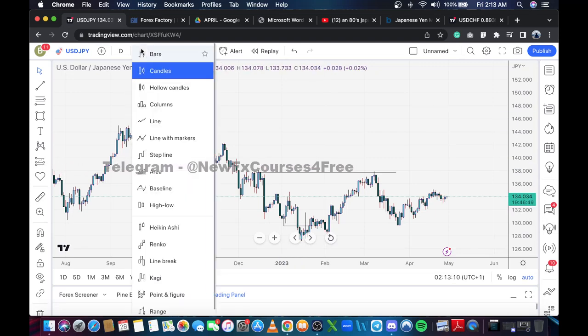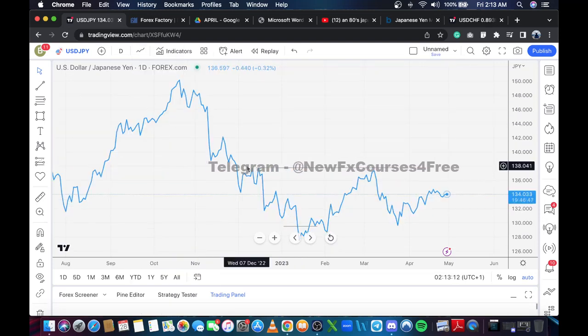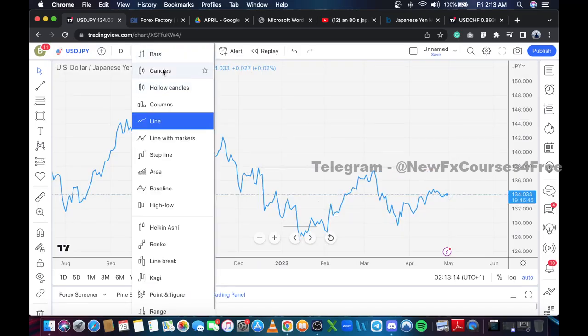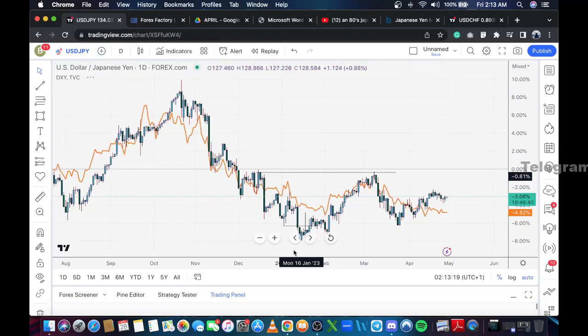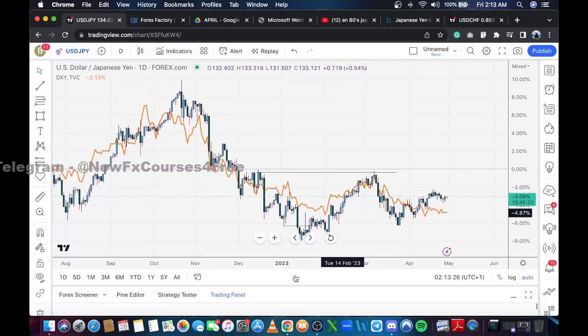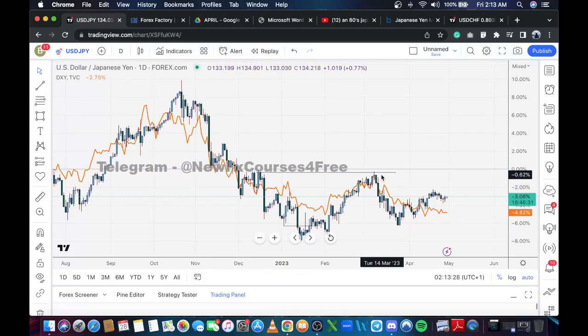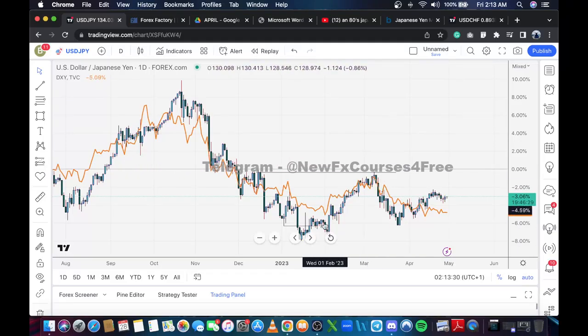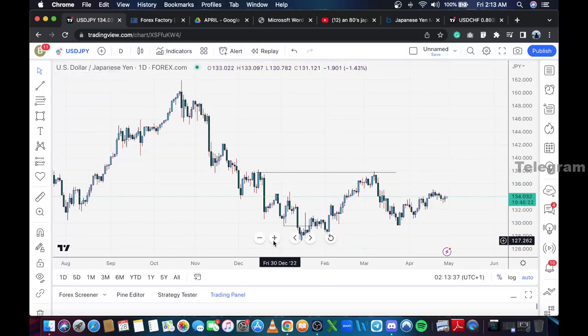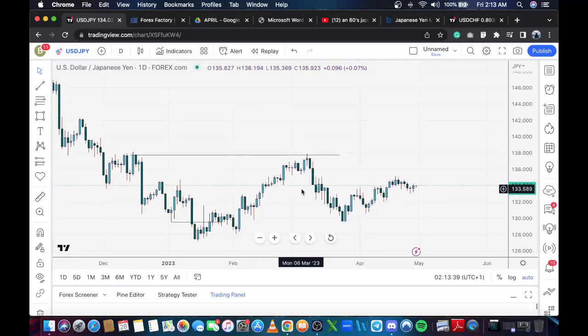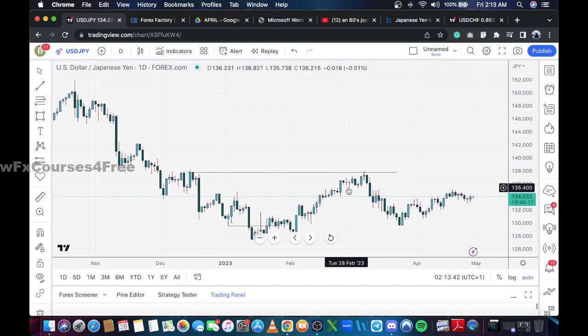So if I just put up a line chart of dollar and compared dollar against yen, you're gonna see that dollar's been stuck in the consolidation all year, and you can see that USD JPY has been actually trending, seeing higher prices, and it's made a higher low. Meanwhile, dollar stuck in a massive consolidation. Okay, so for dollar yen, let's define open flow liquidity in this market.